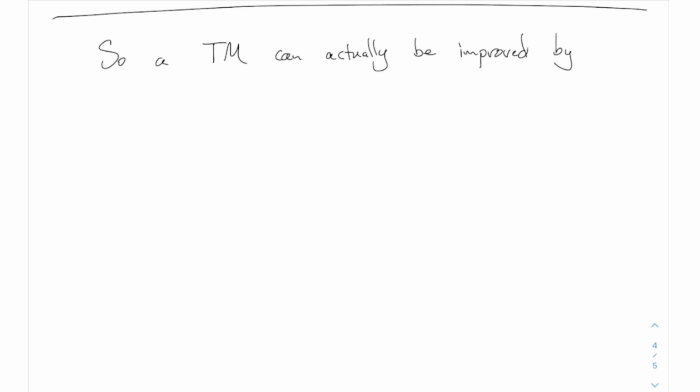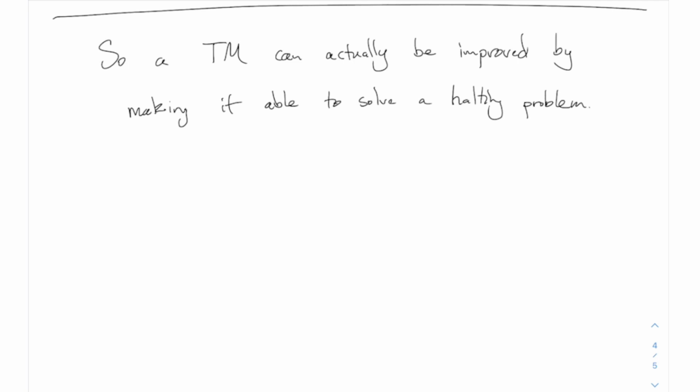A Turing machine can actually be improved by making it able to solve the halting problem by some magic. Making it able to solve a halting problem. Because an ordinary Turing machine is incapable of solving a halting problem.